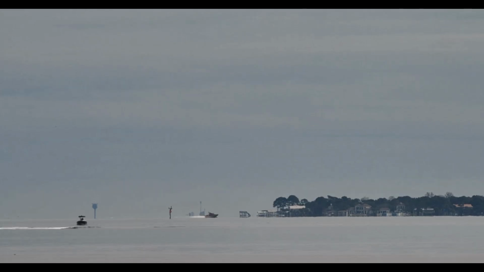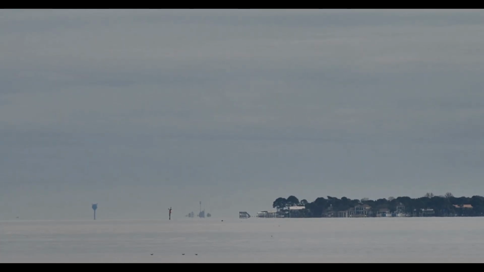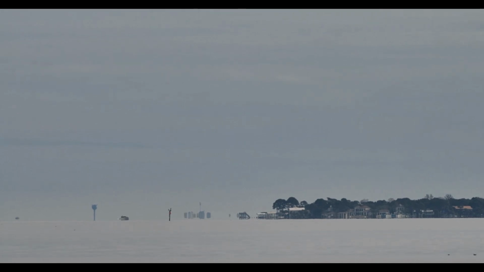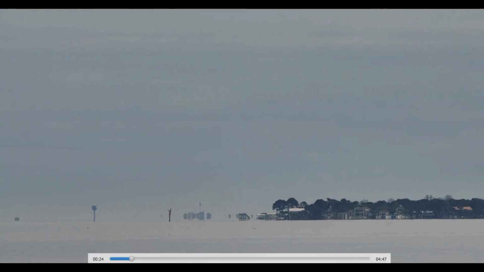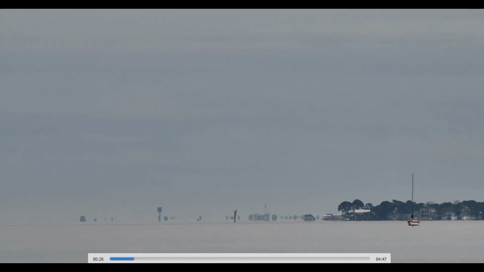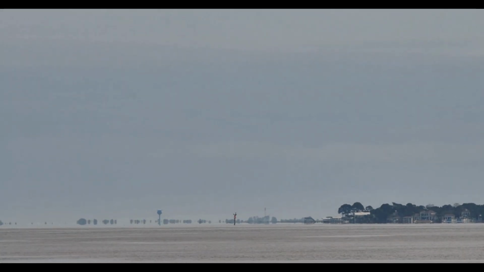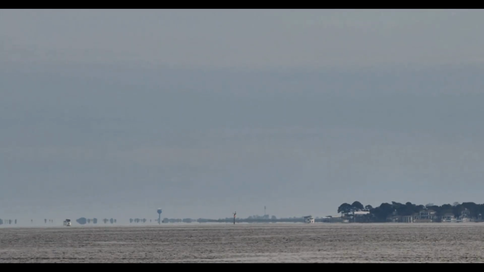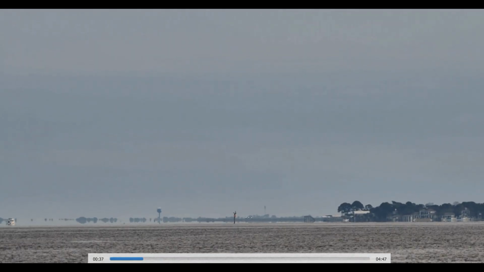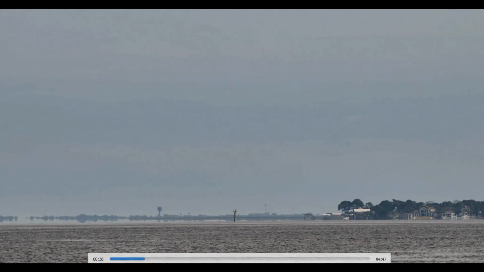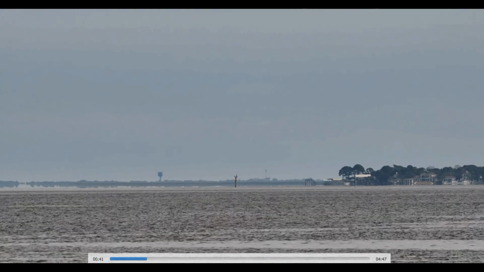I said at 10 a.m. the air was a little cooler than the water. If I'd have got here a little bit earlier, I probably could have caught all of this being hidden, but I didn't get here till 10 o'clock. But you can see as the air temperature is rising, all this stuff is starting to appear back here. And I'll show you exactly where that is in a minute.